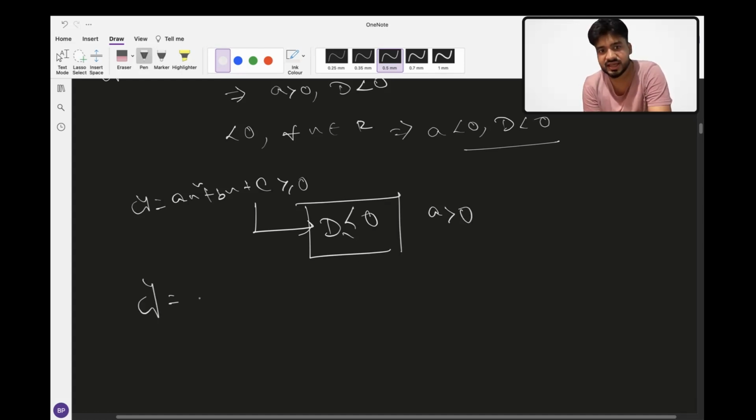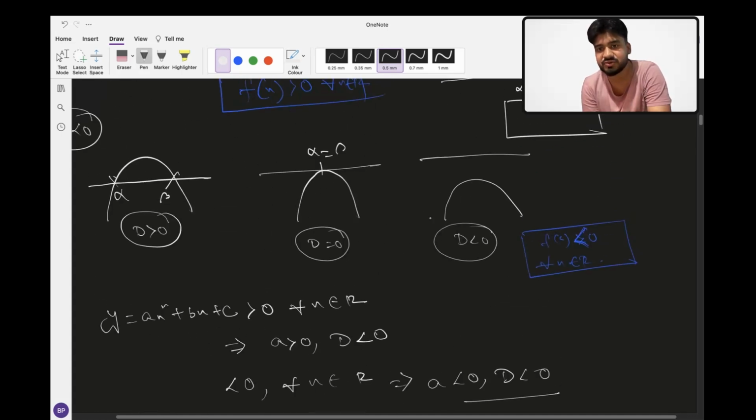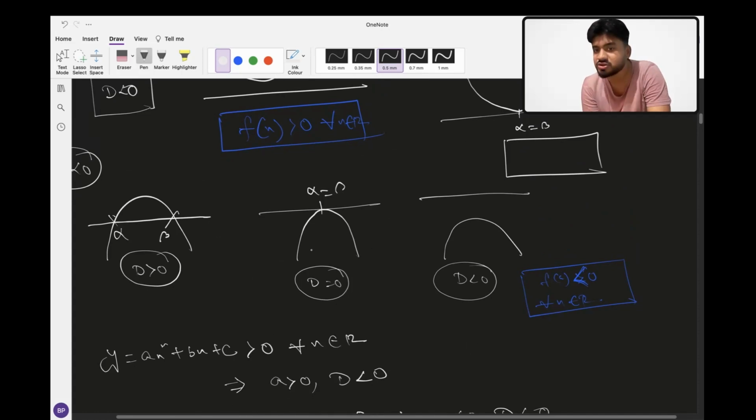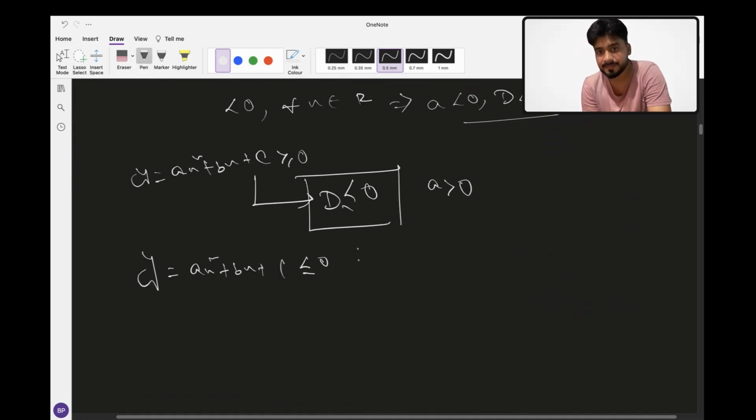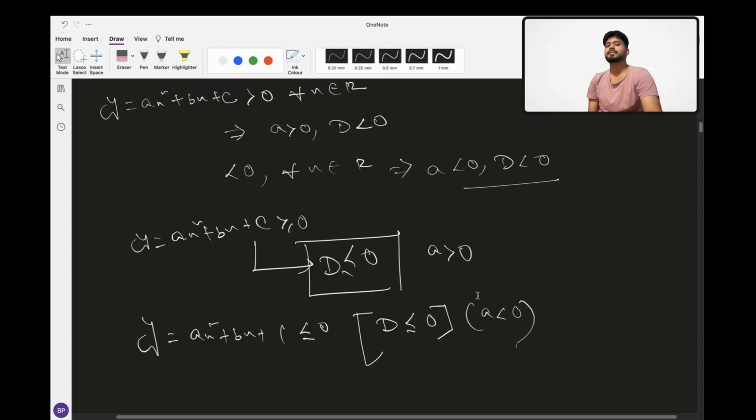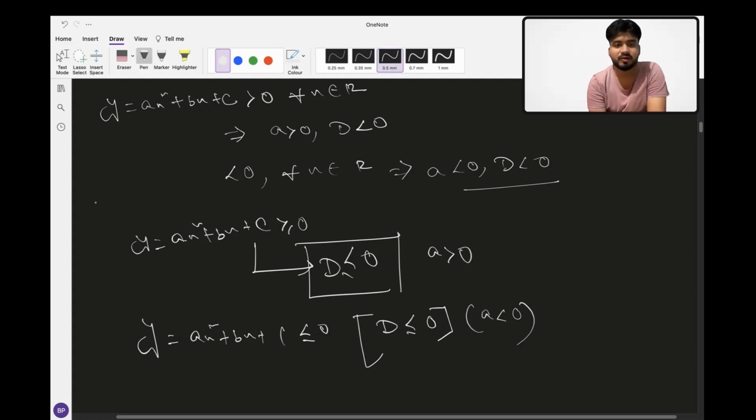And if we say ax square plus bx plus c less than or equal to 0, then which case will come? This case will come also along with this, because here d is touching the 0 point. So what will come? Yes, d less than or equal to 0 and a less than 0. Clear? So are all of these four cases clear?